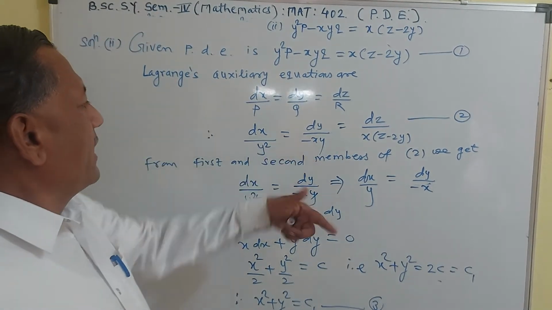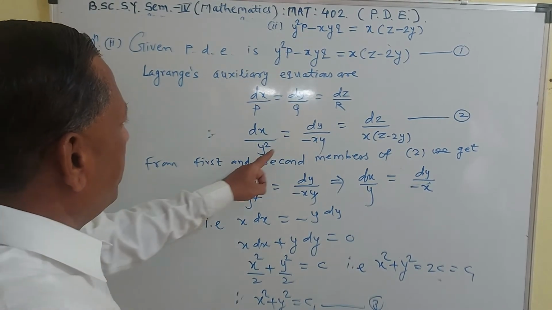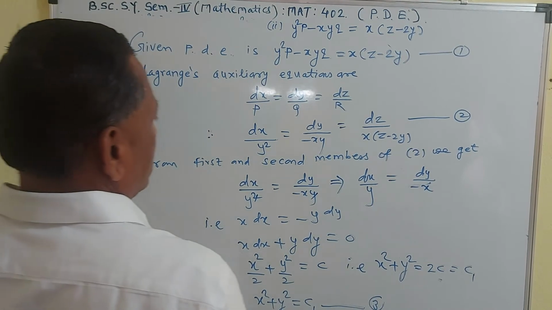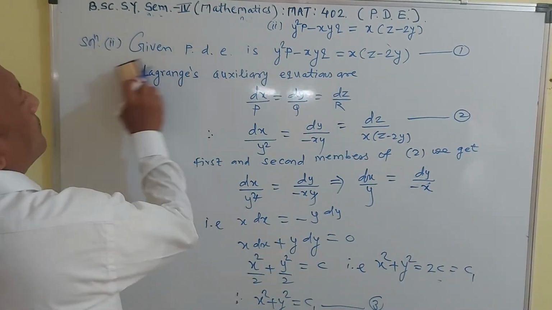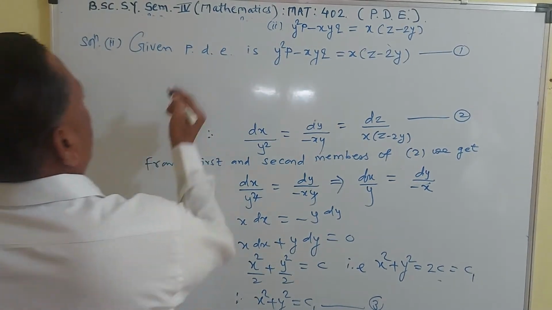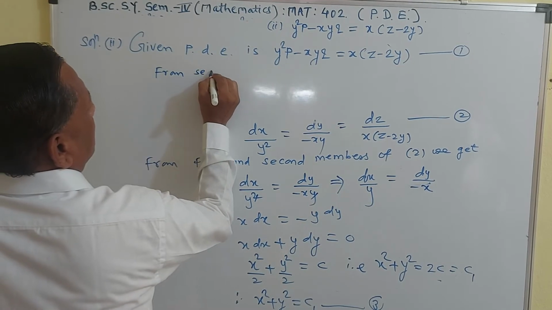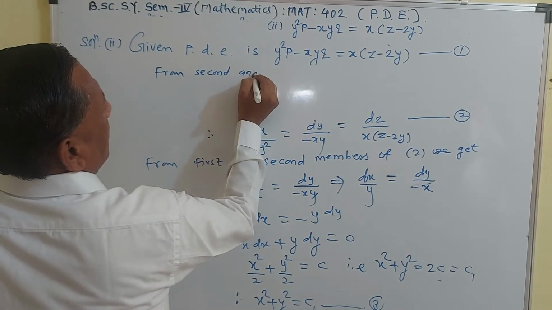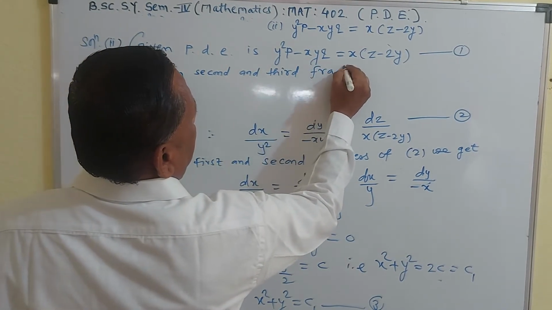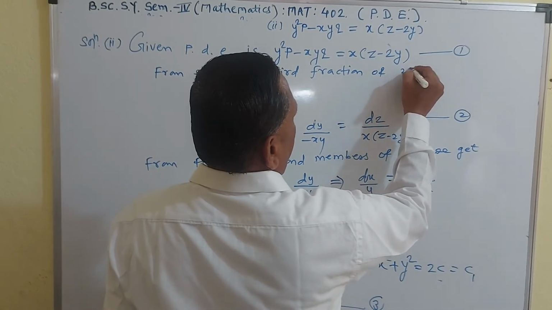Now you find v = c2. From the second and third fractions of equation 2, what do we get?